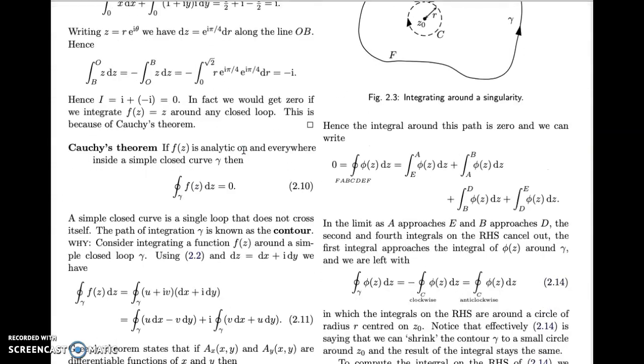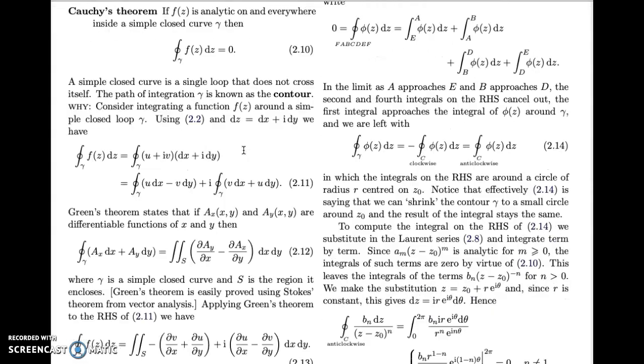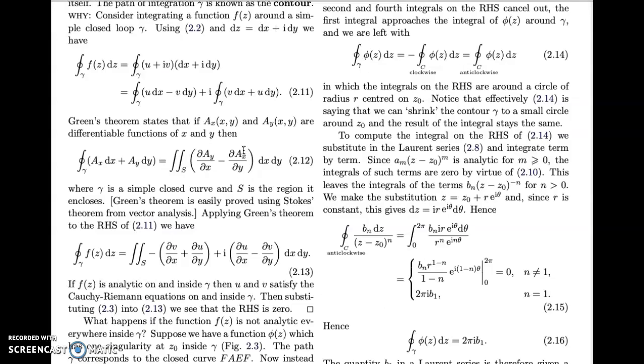So basically we substitute the Laurent series into here, and then for dz, we write z as z naught plus r times e to the i theta, just a change of variables.